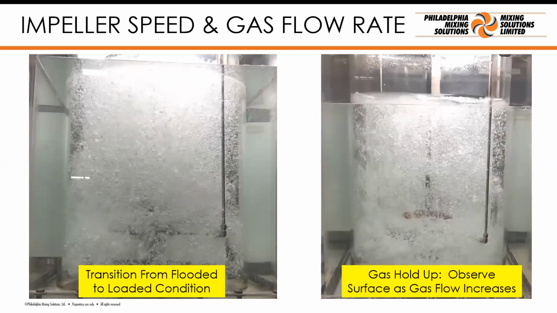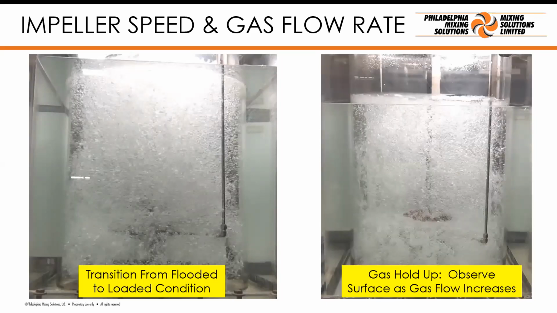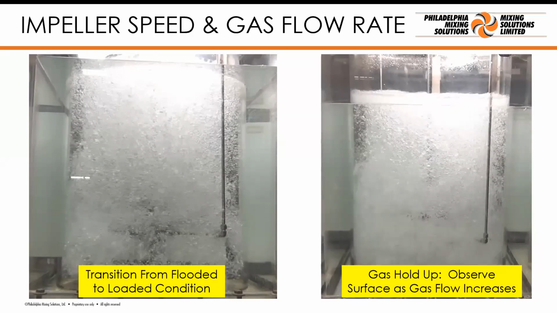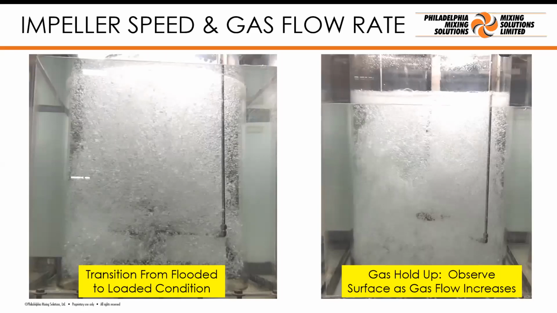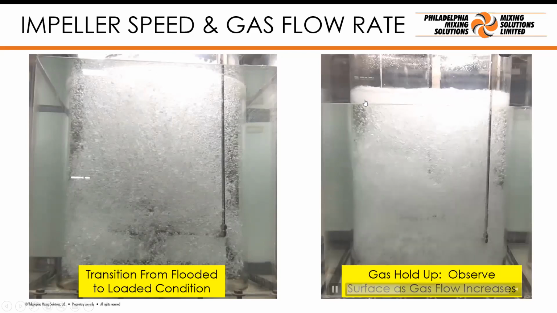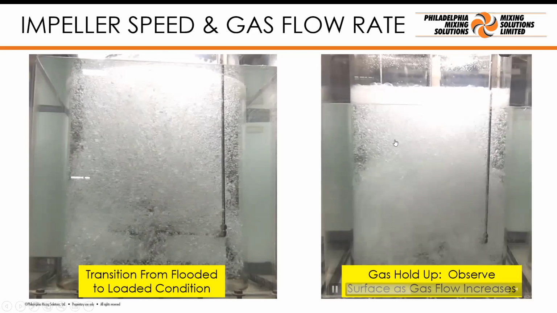And you can see how the surface rises up above that line, in a square tank so we can get a better picture of what's going on. The difference in heights is the holdup. That difference in height is proportional to the volume of bubbles held up in the liquid.